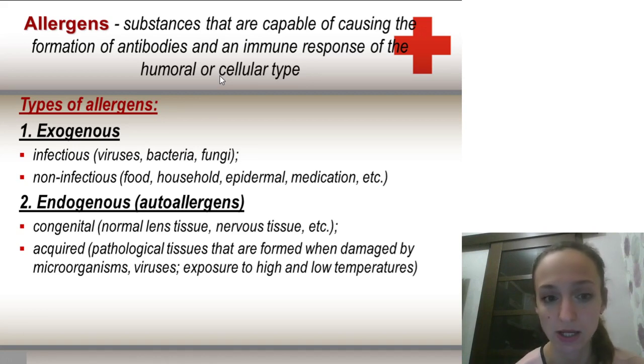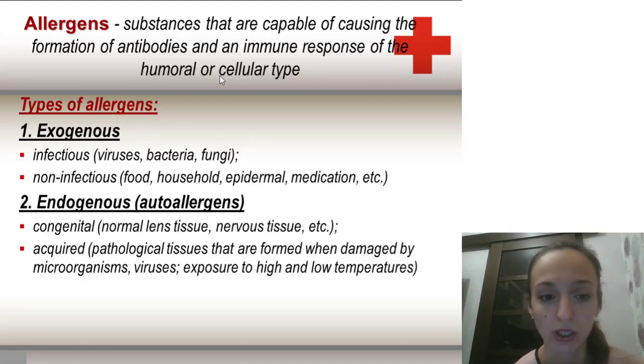First type is exogenous, for example, infectious and non-infectious. Infectious types include viruses, bacteria, and fungi. And non-infectious are food and different medication, epidermal.